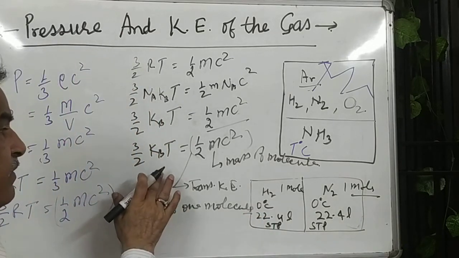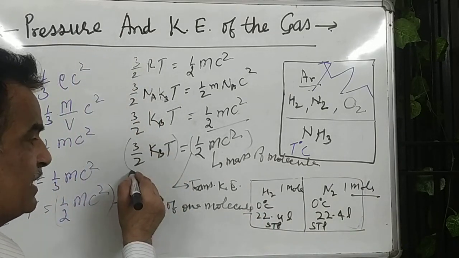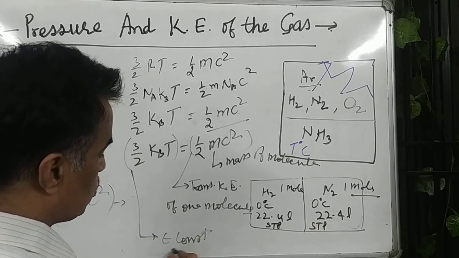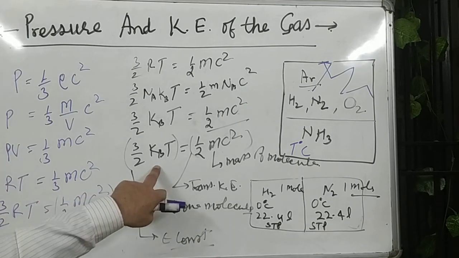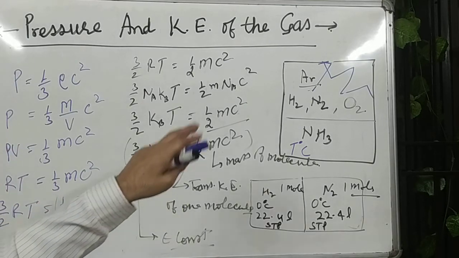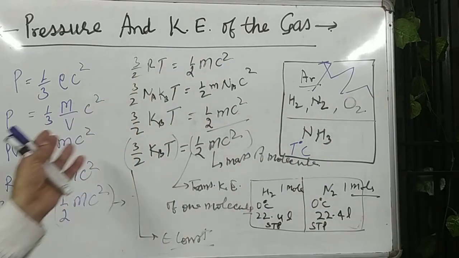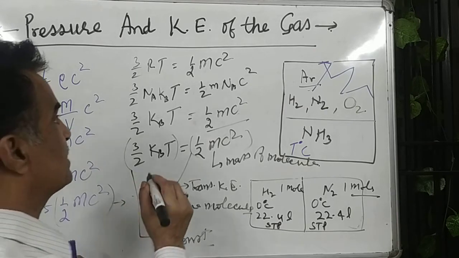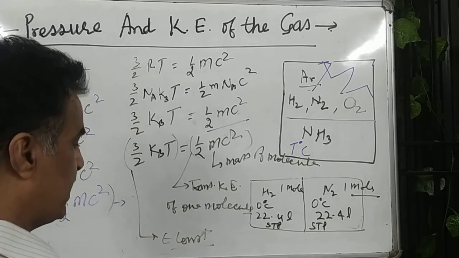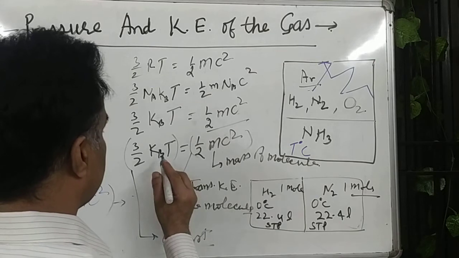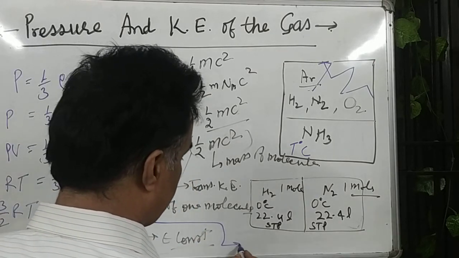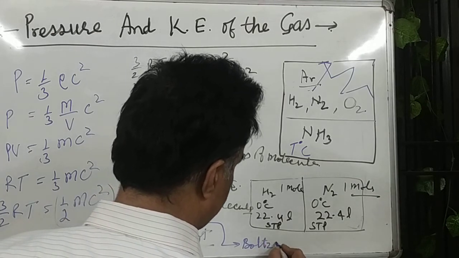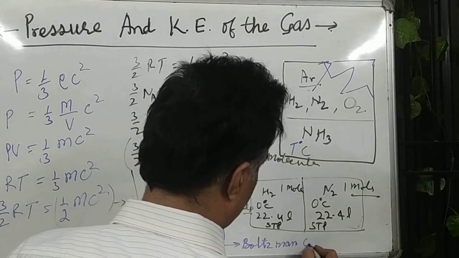It proves that the translational kinetic energy of any type of molecule is constant. Kb is called Boltzmann's constant.